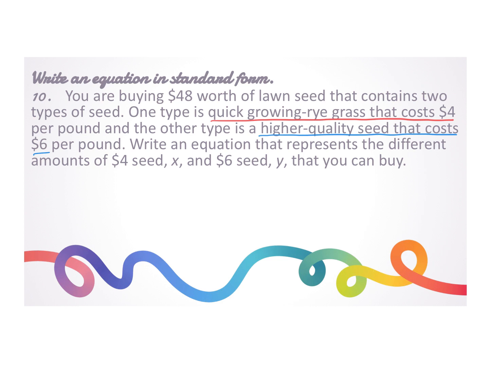And remember, the $4 seed was in red, and that's going to be our x. So the quick growing is red. And then our $6 seed is y. So I'm just going to label those. So x is quick growing, and y is the higher quality.